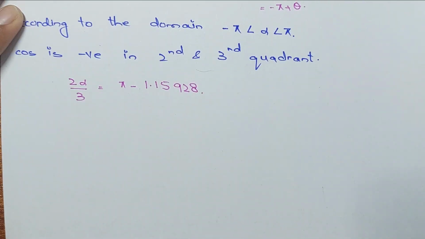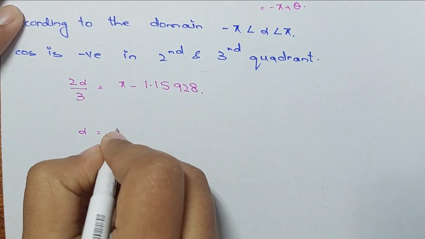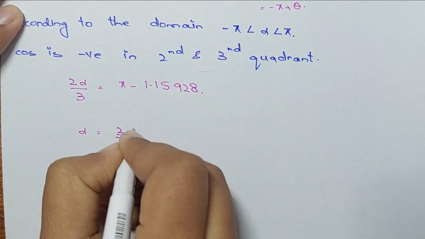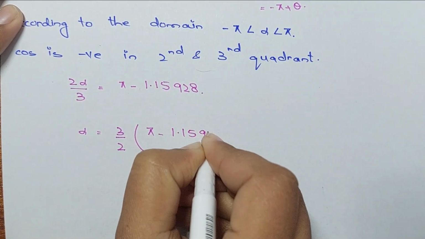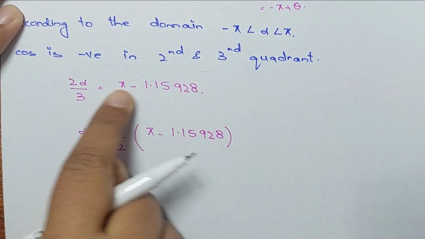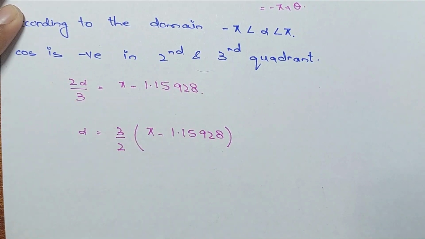Let me solve for alpha. So 2 over 3 into alpha equals pi minus this angle. Multiply by 3 and divided by 2.